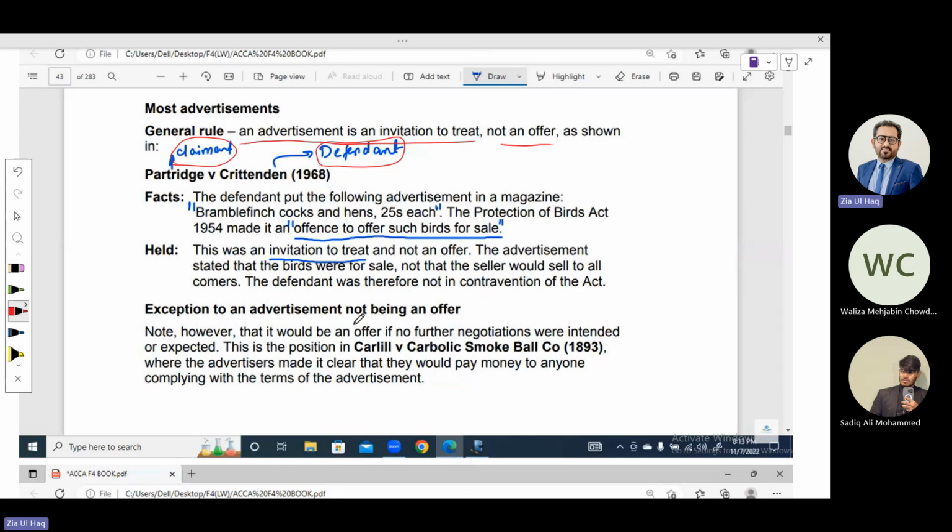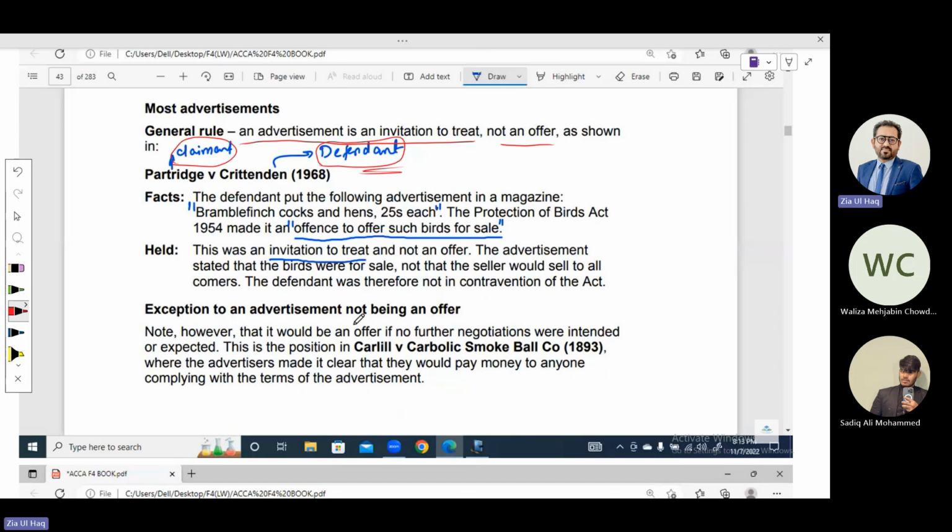The defendant put the following advertisement in a magazine. This person advertised in a magazine: Bramble Finch, cocks and hens, 25 cents each. The Protection of Birds Act 1954 made it an offense to offer such birds for sale. Meaning there was a law: you cannot sell these kinds of animals or birds to the general public.